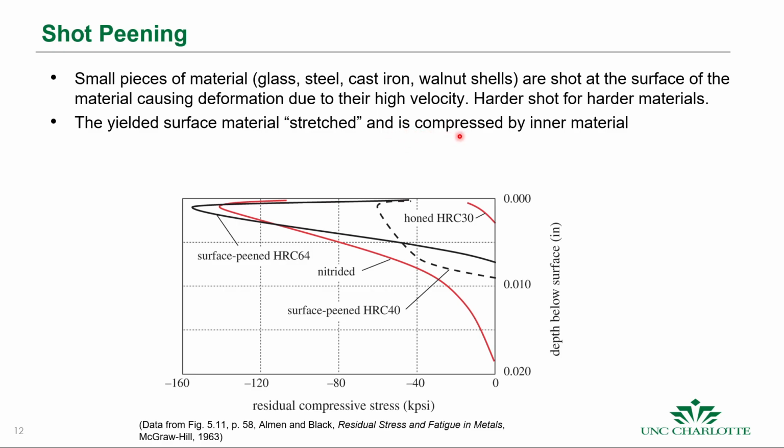Okay, and in fact, if you compare the shot peened compressive stresses versus a nitrided surface, for example, you can actually introduce these even higher stresses here. And this is for a hardness of 64. That's Rockwell C 64. If you have softer materials, then that's shown here, this is a softer material.